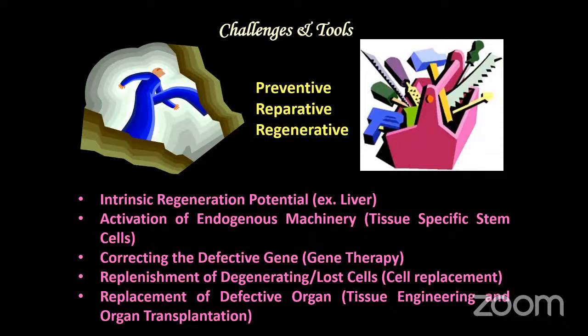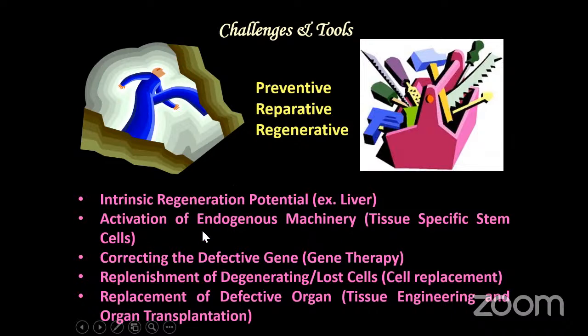Regenerative, I already talked about the liver. The liver has the intrinsic regeneration potential. Then if you can somehow repair the process, prevention is something in our hands. If you can lead a healthy lifestyle with exercise and all, many of the things can be prevented. But if it is a genetic defect, of course, it is not in our hands, but we can actually repair it using the tools now available.